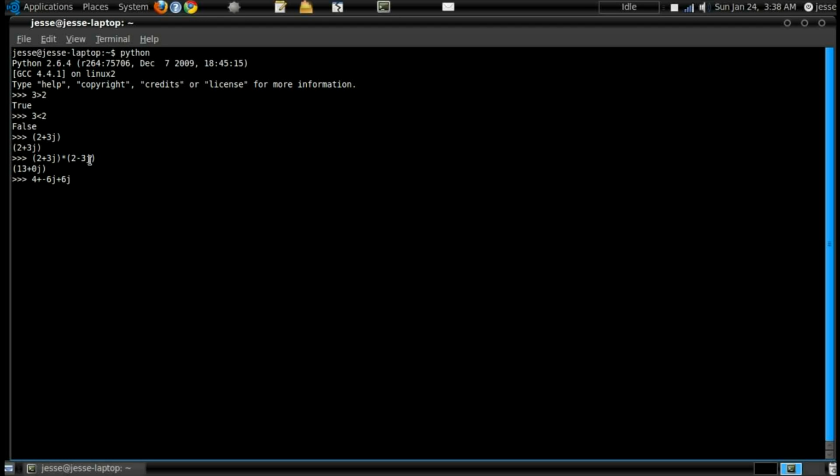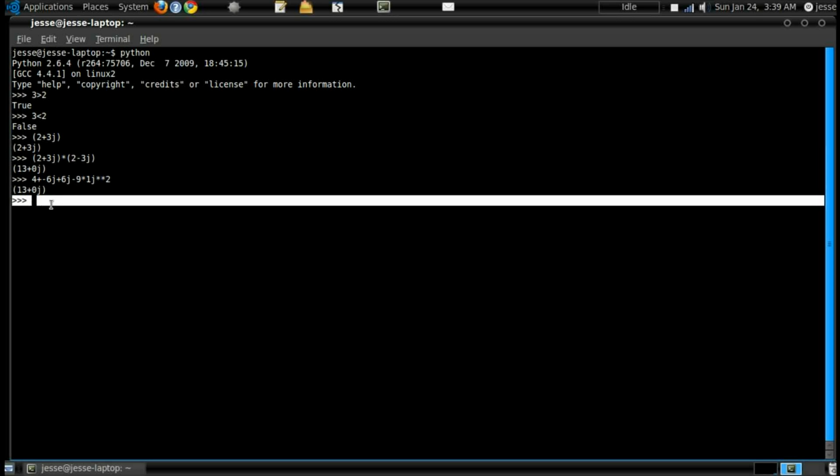You do these two, so you get +9, but I'm actually gonna show it as if I were doing -9 times j squared. 1 times 1j, and then times 2. I don't know if this will work this way, but I'll try it. Yeah, there we go. We got the same number. So I FOILed correctly, which is crazy.